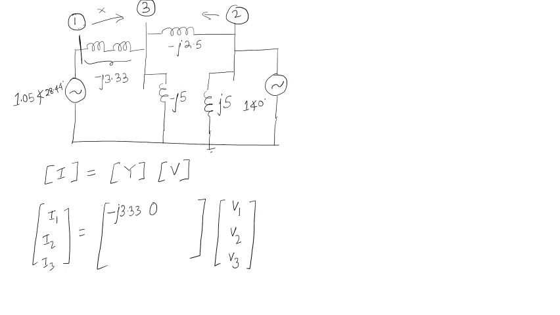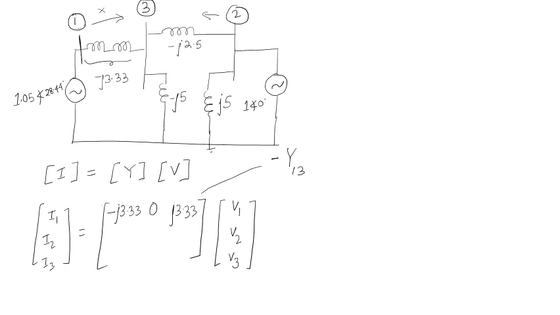Next is Y13. Y13 has one admittance, that is j3.33. Remember that when you have a mutual admittance, for Y13 you have to multiply with a minus sign.